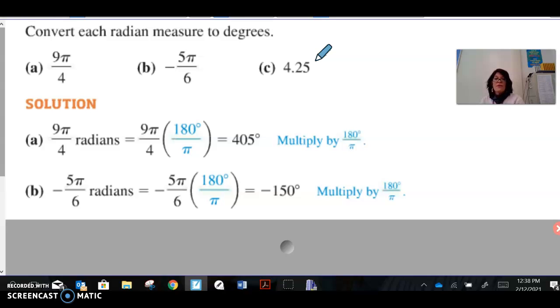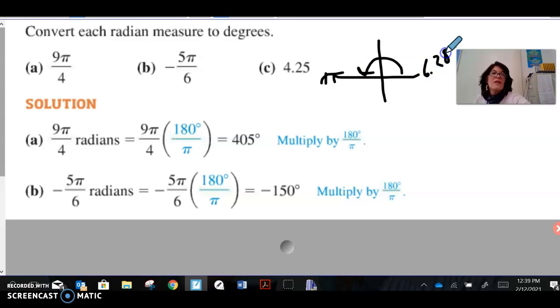This is 4.25 radians. Okay, think about it, guys. Was pi 3.14? When I'm pi radians, we already said that's the same as 180 degrees. Okay, pi radians, that's 3.14. So twice that would be 6.28-ish. Okay, so I'm at 4 radians. I'm somewhere after 3.